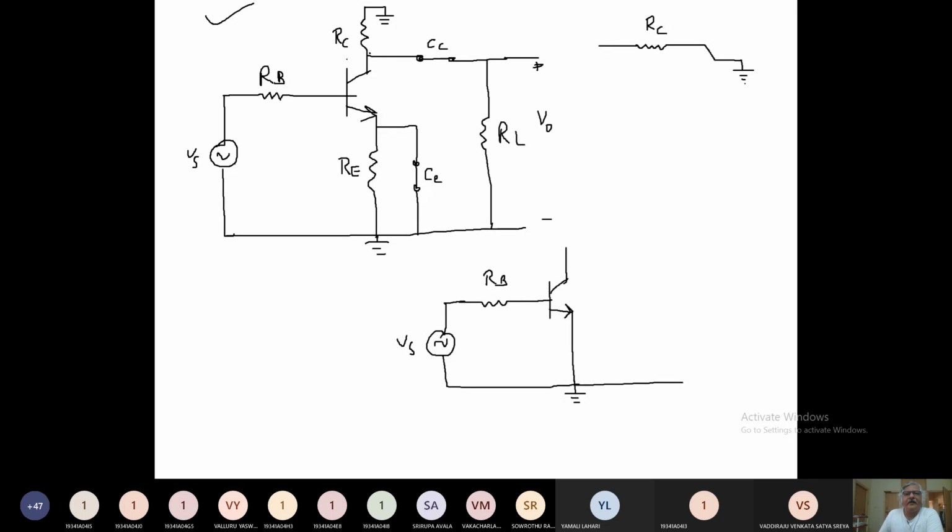Now the second end here, you see this second end. From here, you see this is the short circuit path. CC is short circuit path. From here, this end is connected to a resistor RL. Okay, I am talking about this end of RC.